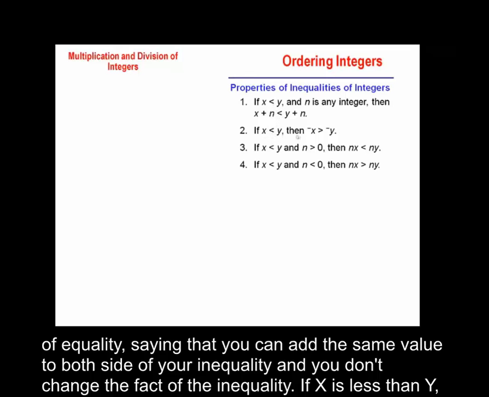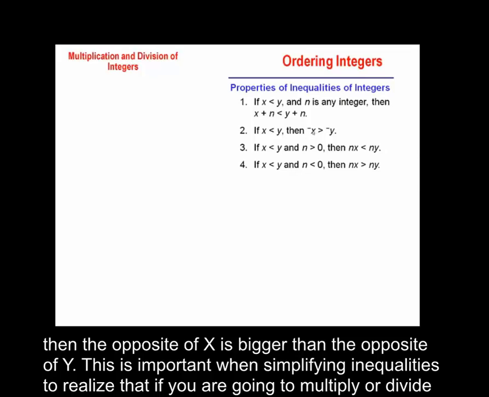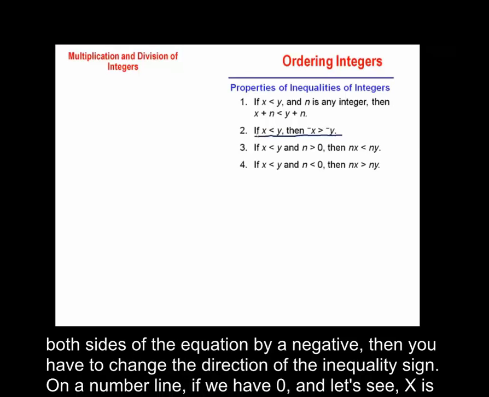If x is less than y, then the opposite of x is bigger than the opposite of y. This is important when simplifying inequalities, to realize that if you're going to multiply or divide both sides of an inequality by a negative, then you have to change the direction of the inequality sign.